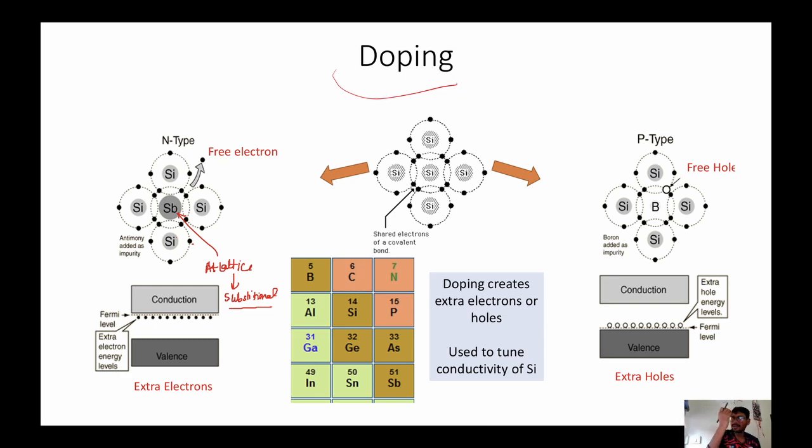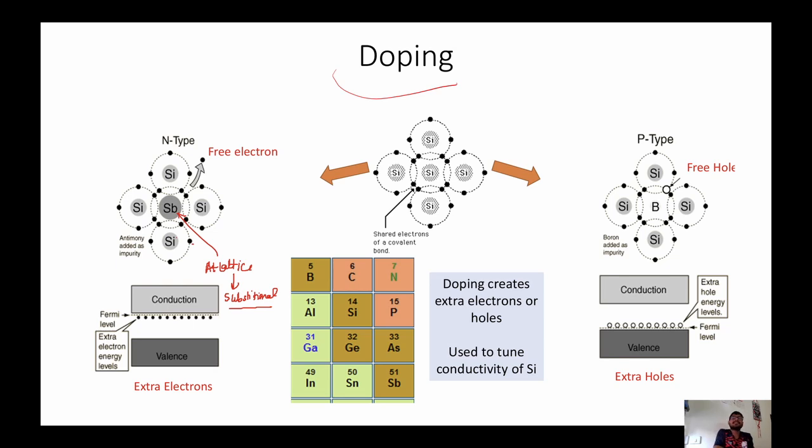Doping is the addition of foreign elements in a semiconductor. So why do we do that? Because a semiconductor is useful as we can tune its properties. We can tune the conductivity of the semiconductor by adding dopants. That is why it is important.